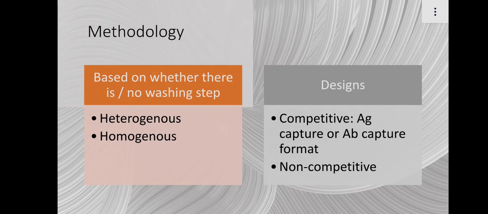In the majority of competitive designs, we can have either the antigen fixed or the antibody fixed, such that the initial step involves capturing of either the antigen or the antibody respectively. So the competitive design can either be an antigen capture format or an antibody capture format. We'll see these details very shortly.